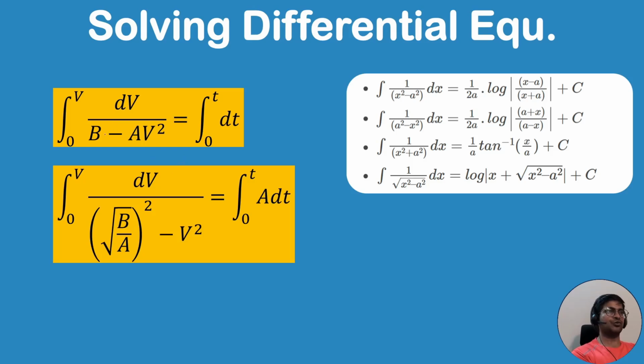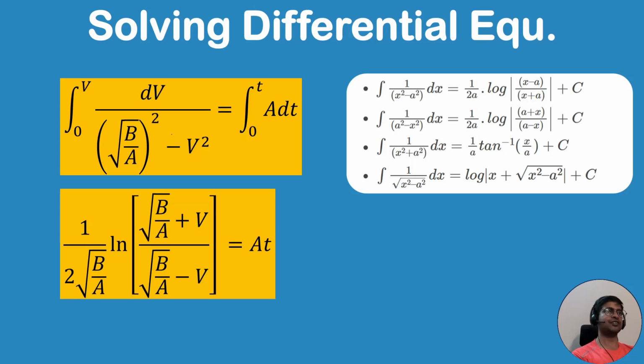I am going to rewrite this expression in the form of this expression, which is dx upon a square minus x square, or here I have written dv upon root over b by a square minus v square. So we can just utilize this formula to solve this integral.